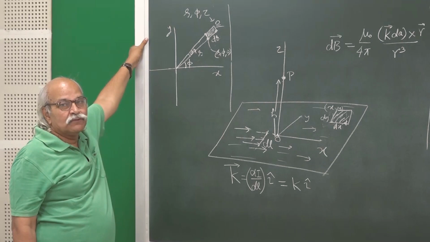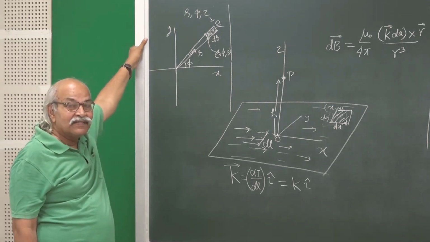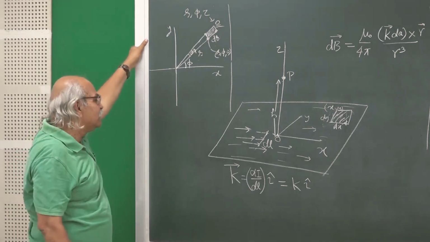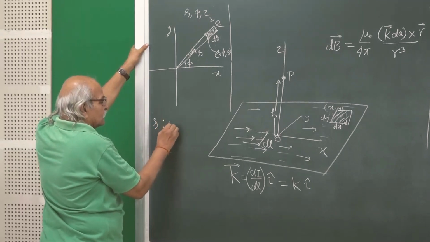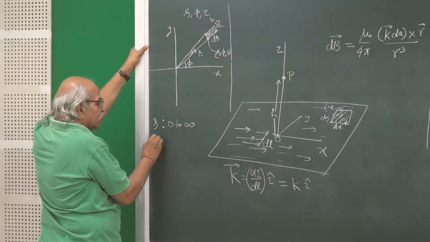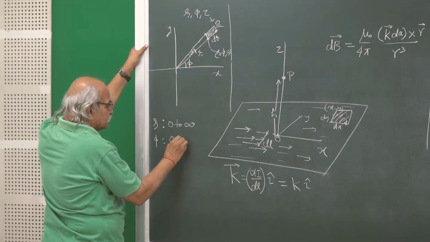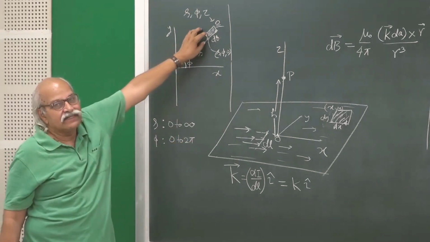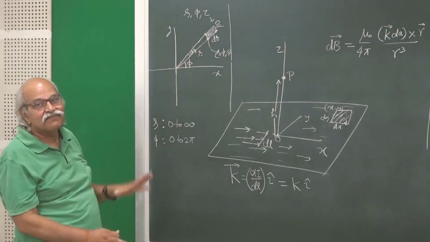Now, if you change s from 0 to infinity, positive values all the time, and phi from 0 to 2 pi, and construct such areas, you can see that you will cover the entire xy plane.